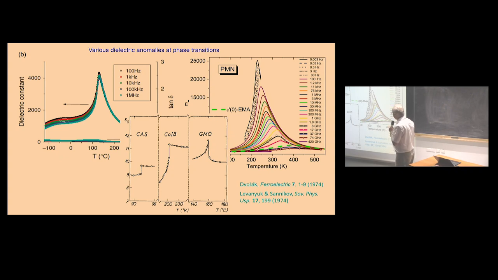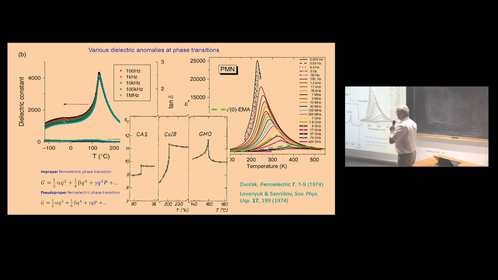It was explained already in the 70s by Dvořák and Levanyuk, Sannikov in two nice reviews. And they invented the term improper ferroelectricity. So you saw before in Marty Gregg's lecture that you have free energy expansion in order parameter like this, Q squared, Q fourth.